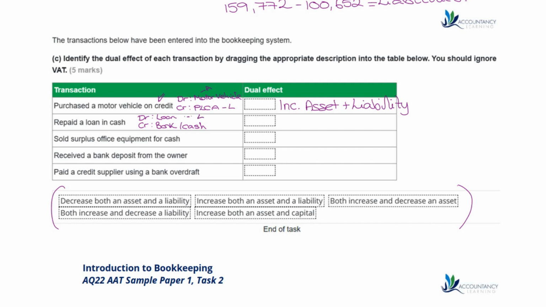So our loan account is a liability and our bank cash account is an asset. So because we're paying back the loan, we're reducing the liability, and because we've paid in cash, whether it be from the bank or a cash account, that's an asset account, so we're also going to reduce the asset as well. So it's going to be a decrease in asset and liability.